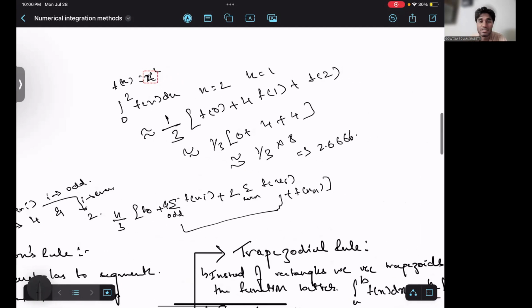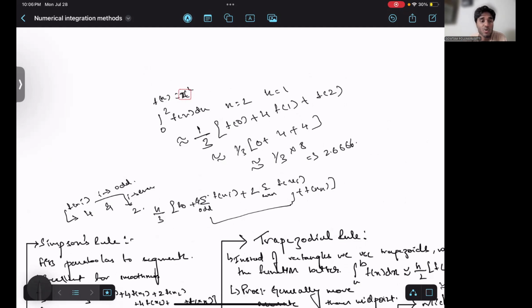So this gave us a closer value of the function compared to trapezoidal and midpoint rule.